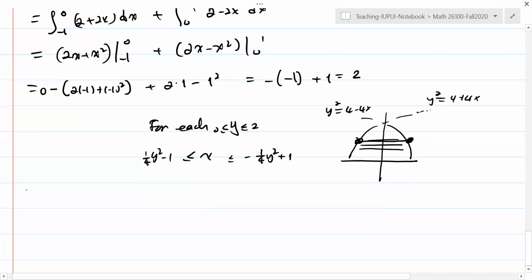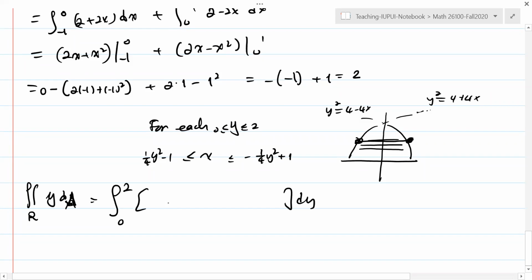Okay, so this double integral of y dA can be treated as an iterative integral. It's from negative a quarter of y squared minus 1 to negative a quarter of y squared plus 1.